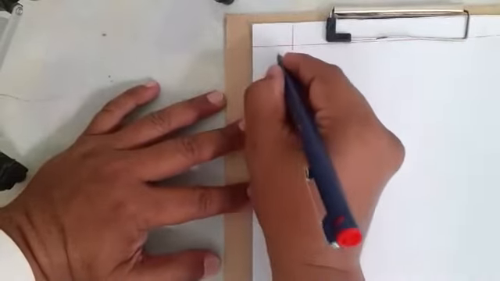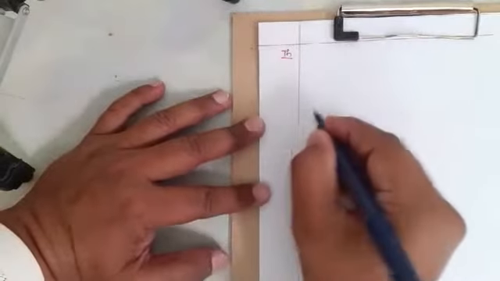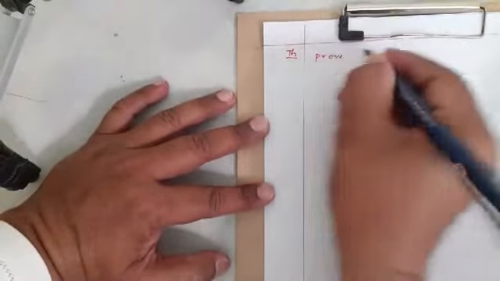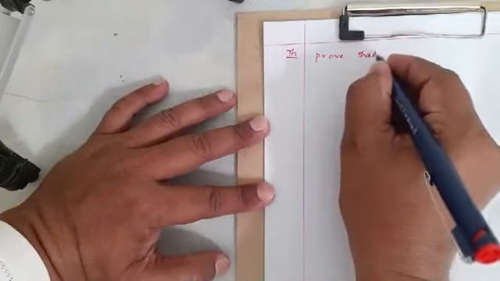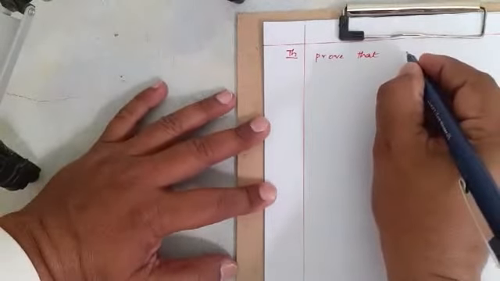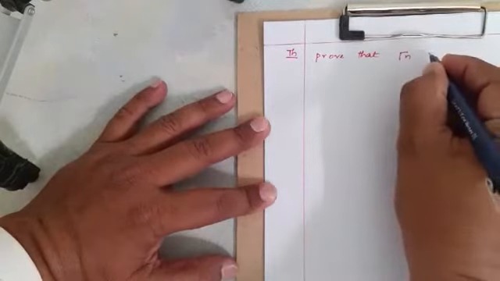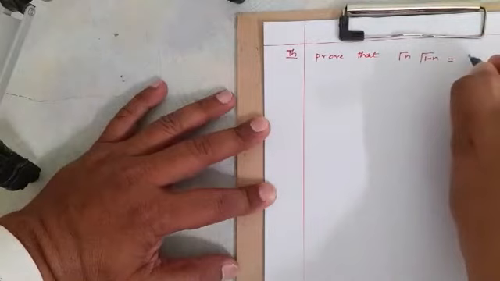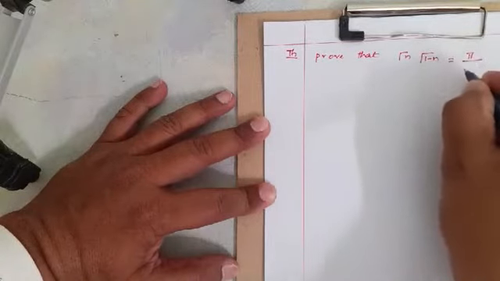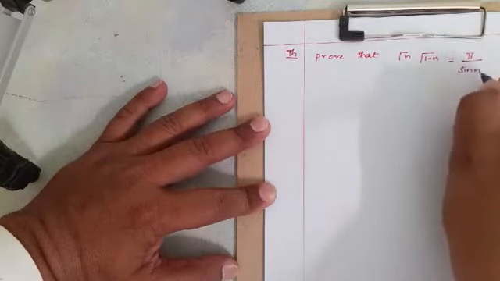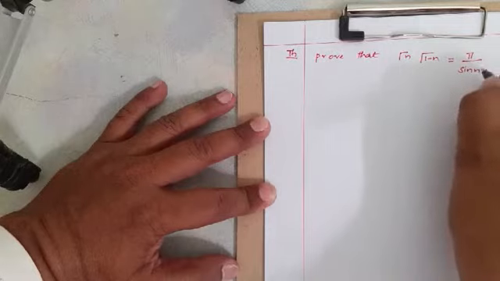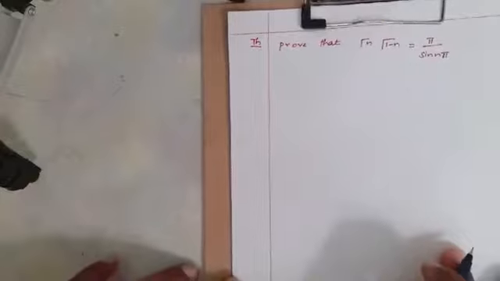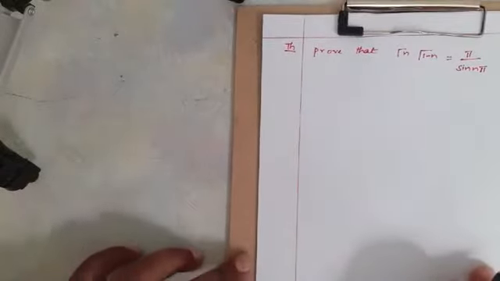Now, let us have a theorem. Prove that gamma n gamma 1 minus n is equal to pi upon sine n pi. So this is the theorem here. Now we have to prove this. Let us prove this theorem.